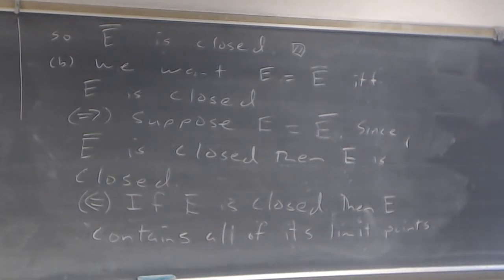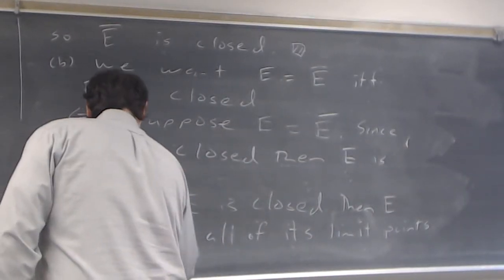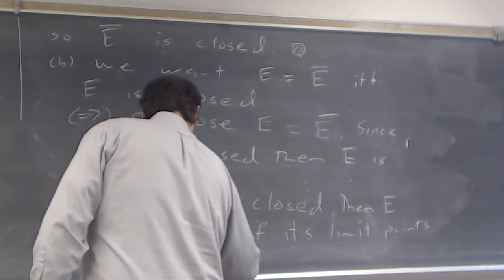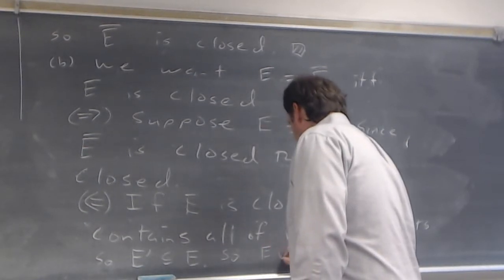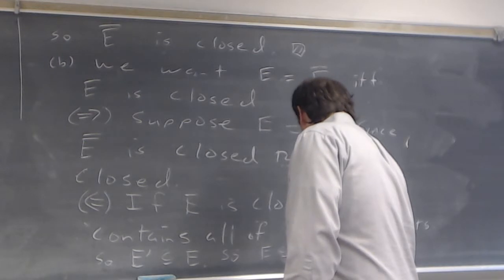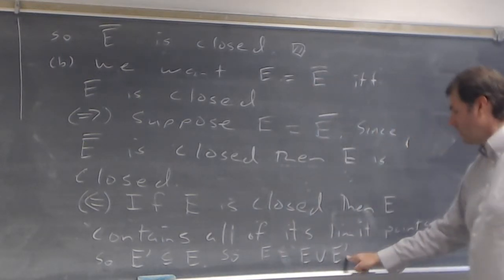So as we denoted its limit points by E prime, that's contained in E. So that means that E is equal to itself union with its limit points.